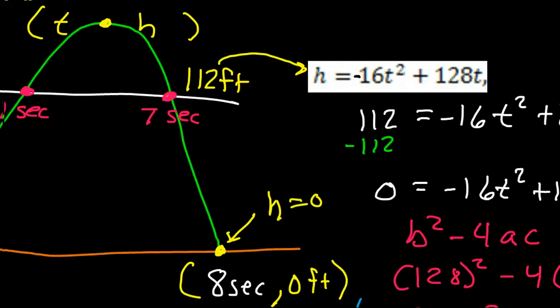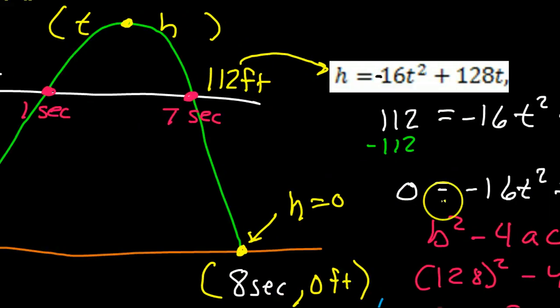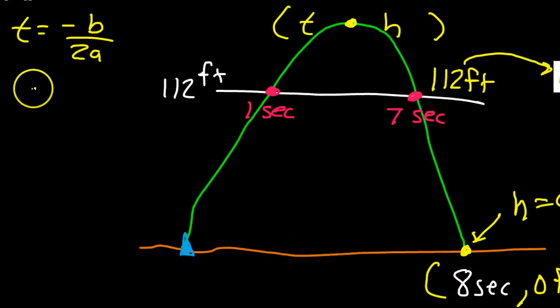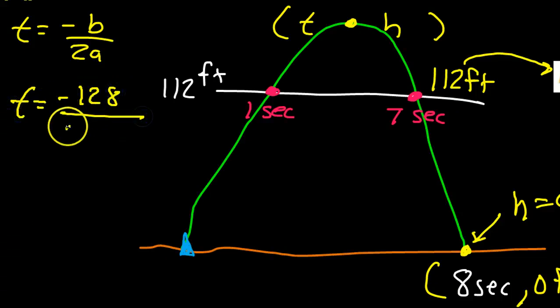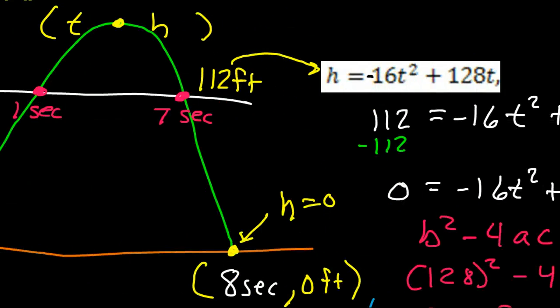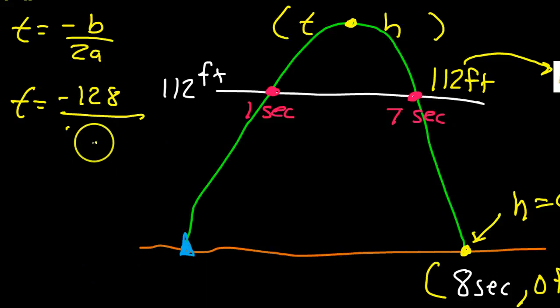Okay, so looking at our little formula there, opposite of b, so that's negative 128. And 2a, so remember a is negative 16, so 2a is negative 32.